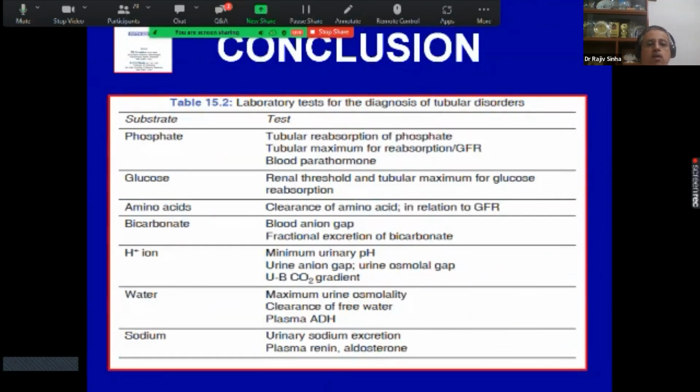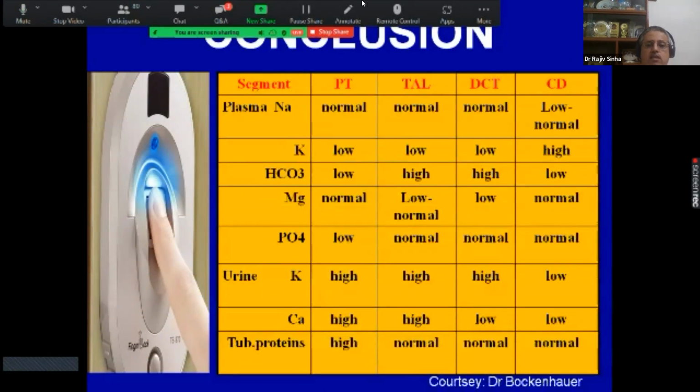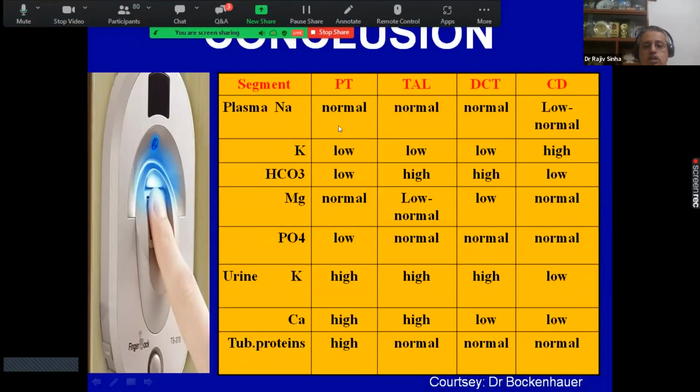So, in conclusion, these are the various lab tests which can be useful in finding out the pattern. Pattern for proximal tubule: low or normal sodium, low potassium, low bicarbonate, low phosphate, with a urine calcium phosphate protein.